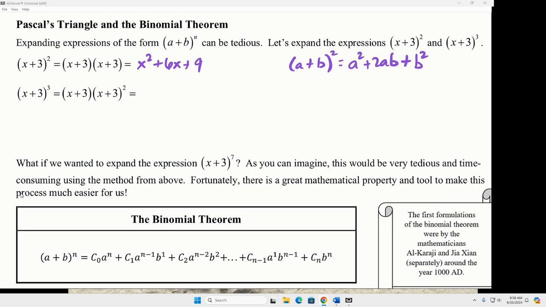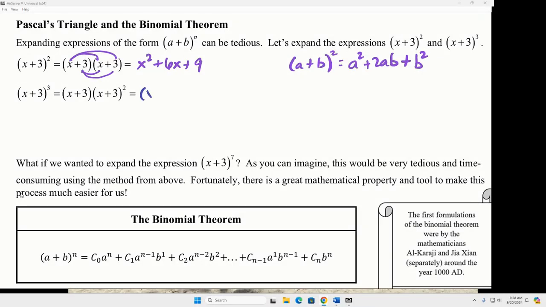Now, it's really not that time-consuming or tedious to do it by hand. To do it by hand, you would distribute the x, get x squared, multiply it, that gives you your 6x, and then 3 times 3 gives you 9. And it's not that tedious. However, when you go to cube a binomial, it starts getting a little bit more tedious.